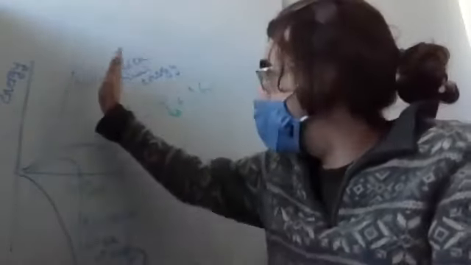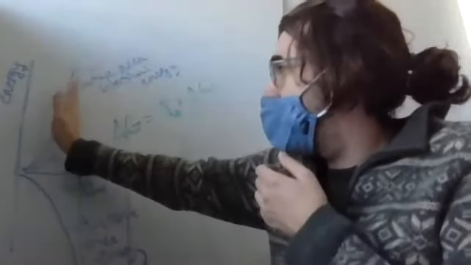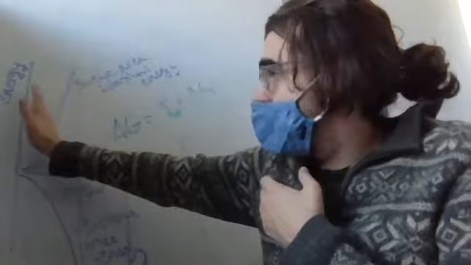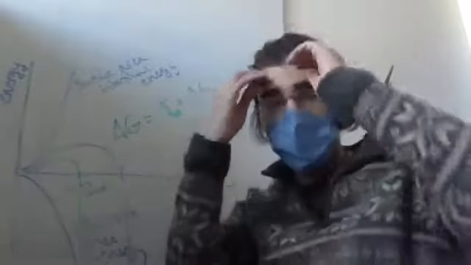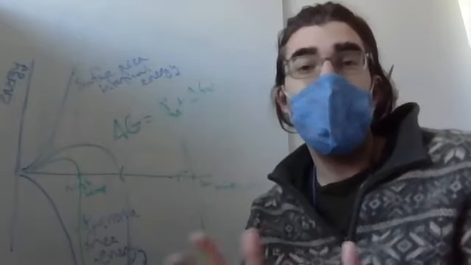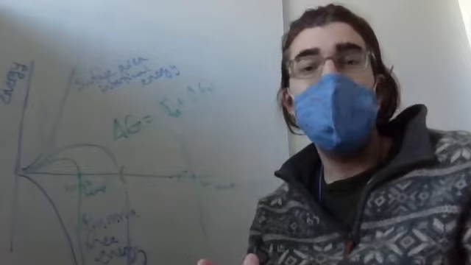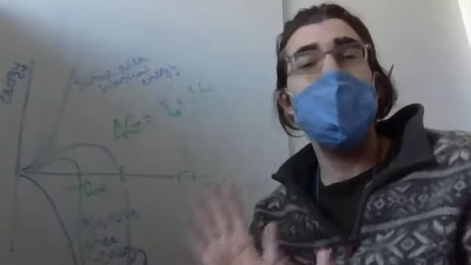So the interfacial energy value is less. As a result, what we can see is that at different temperatures, the nucleation size will be different, right? In other words, at different temperatures, it's going to take longer or shorter for a stable crystal to form.